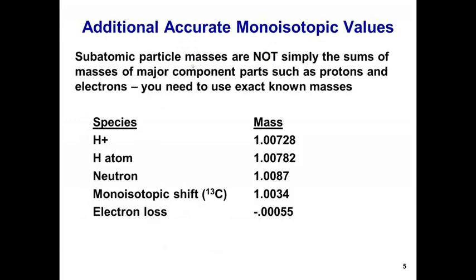Other considerations with high mass accuracy data are that subatomic particles do not necessarily sum to the masses of the major component parts, such as neutrons, protons, and electrons. And therefore, we need to use exact masses, as indicated here. A monoisotopic shift is actually a neutron, but the neutron in C13, the monoisotopic mass difference is slightly different than that of a neutron.